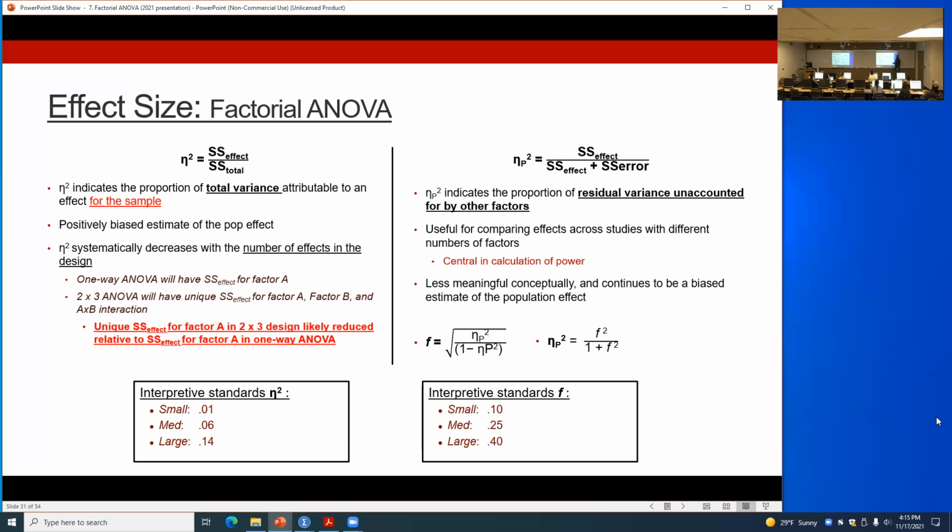But when we look at our factorial designs, that's when we now have other things. So we say, if we suck out stuff that's due to, say, participant sex and task difficulty, and we're only interested in arousal, what's left over, how much of that is uniquely attributable to arousal? That's where we get our partial eta squared.